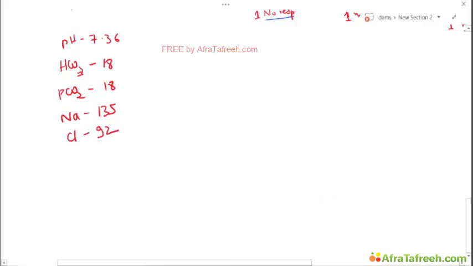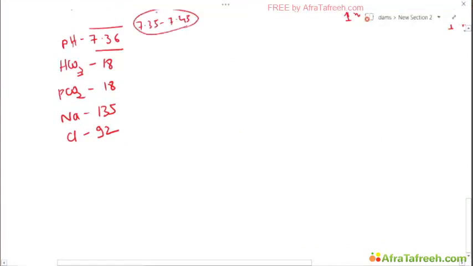Okay, right. So this looks normal. First we look at the pH, and this looks to be normal, that is between 7.35 and 7.45. So why would one think of an acid-base abnormality at all?